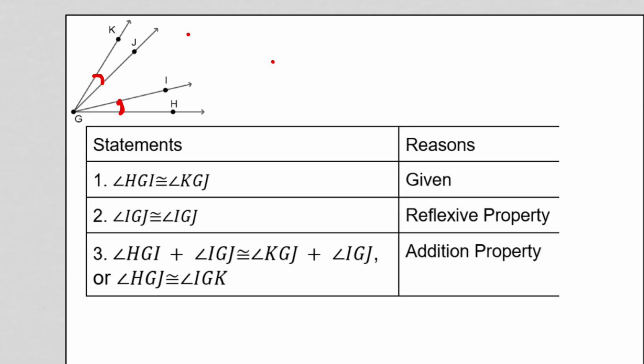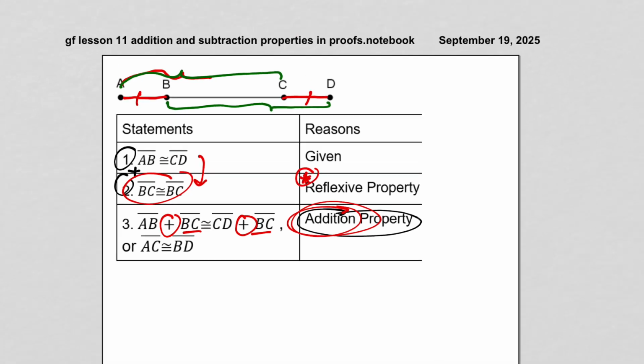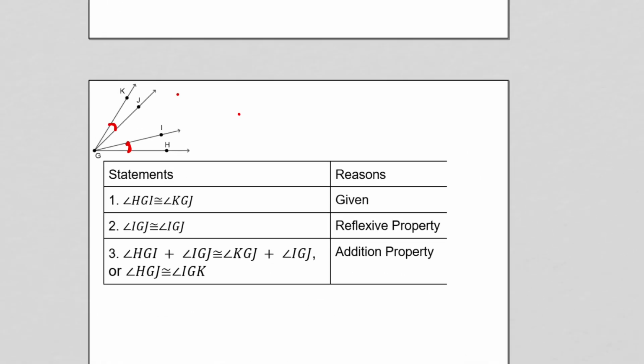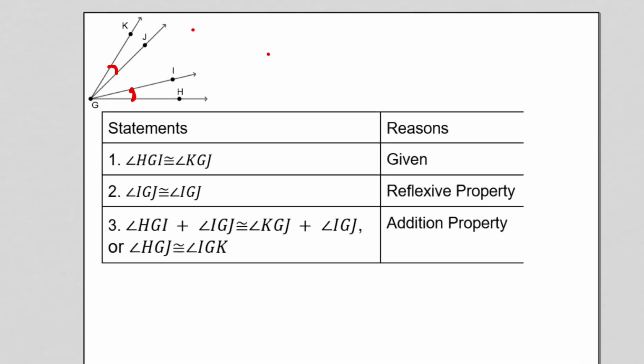I should also mention, because I didn't over here, that when you use reflexive, it's good practice to mark it, and I mark it like an X. That's saying that I used reflexive. Same thing over here. I might go like this, 2 arcs, and an X on it. It's just telling me that I was using reflexive.